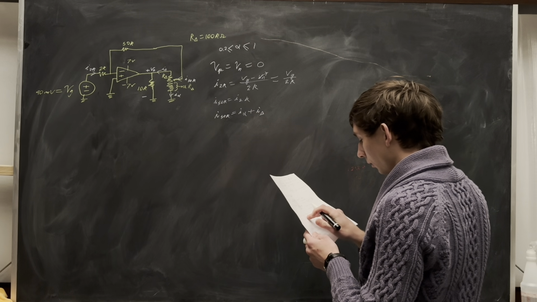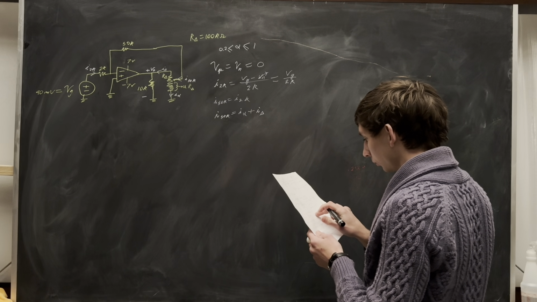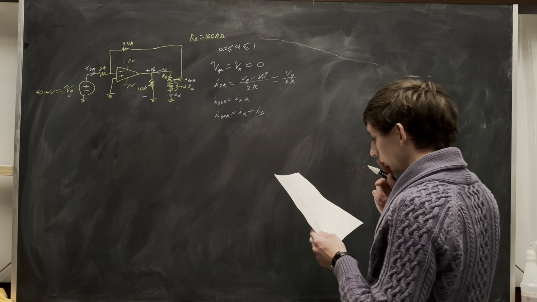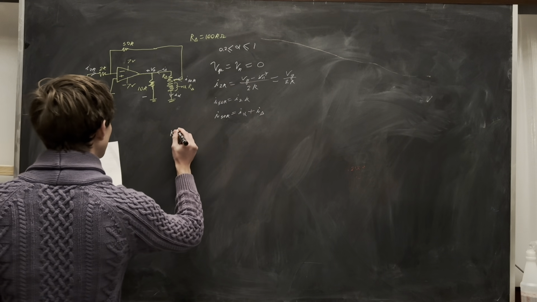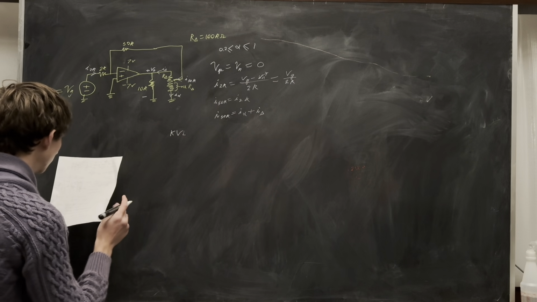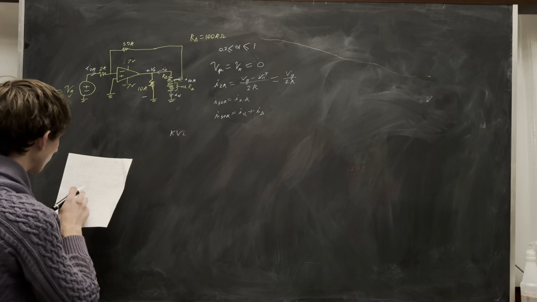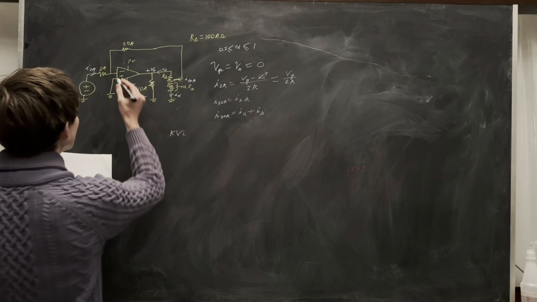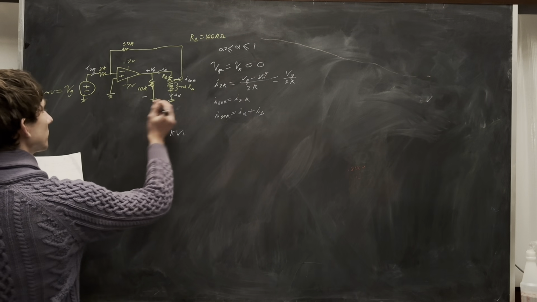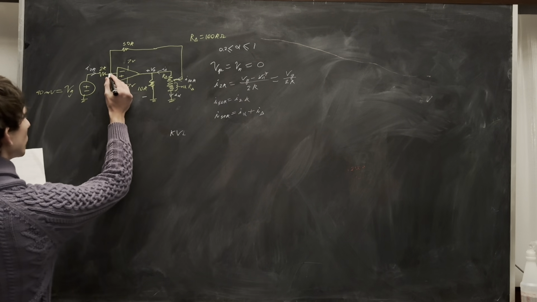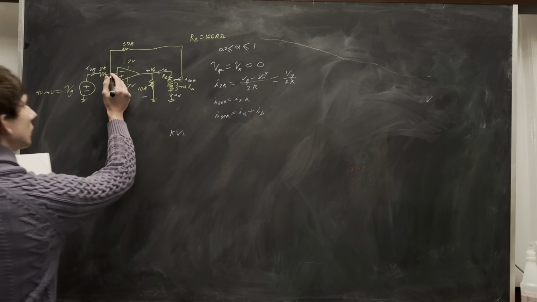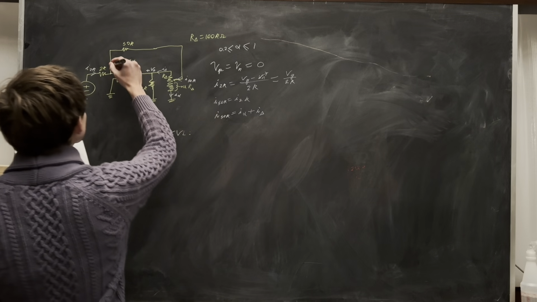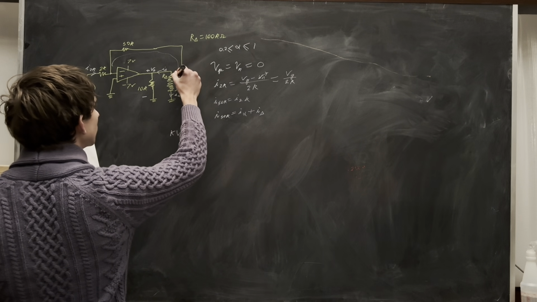Let's see. So if we do KVL from here to here, because this point is basically ground, 0 volts, so do KVL around here.